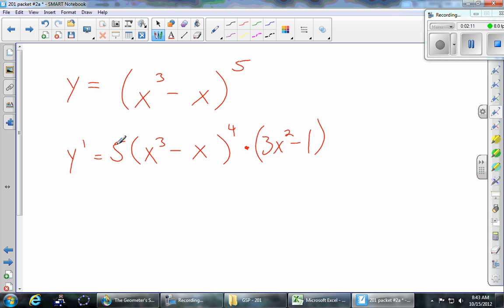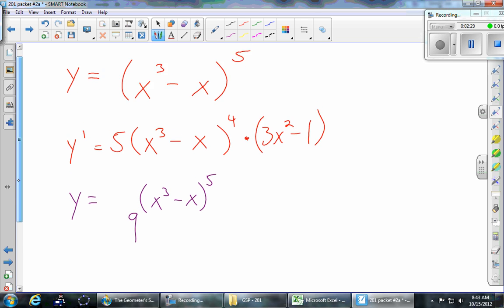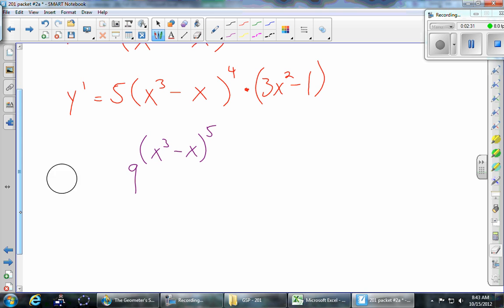So what if instead we were to try to make it look harder? Something like this. Let's try 9 raised to the, and then I'm going to give you a big old power up here. For folks just coming in, we're warming back up with a few more chain rule derivatives.